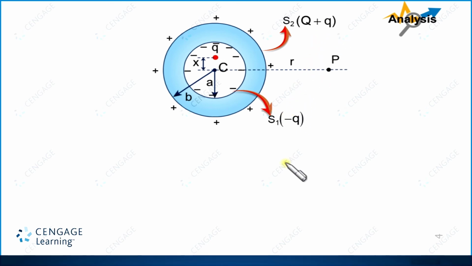Now, as we know, the net effect due to the charge inside the cavity is 0 for an outside point. That means there should not be any effect of the charge small q and the charge induced at this position. That means the electric field and potential at point P will be due to only the charge appearing on the outermost surface.